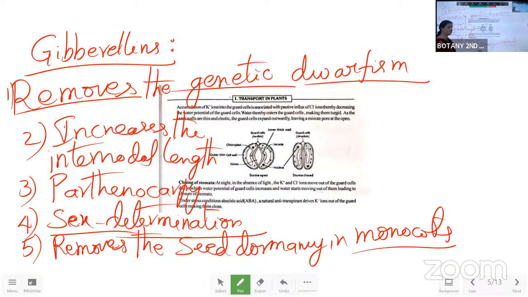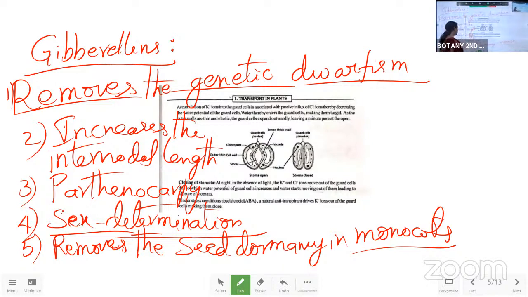Example, rice, wheat, etc. In them, if we treat the seeds with gibberellins, then they remove the seed dormancy period and make the seeds show growth very fast.